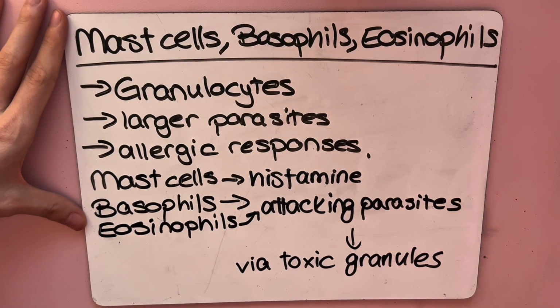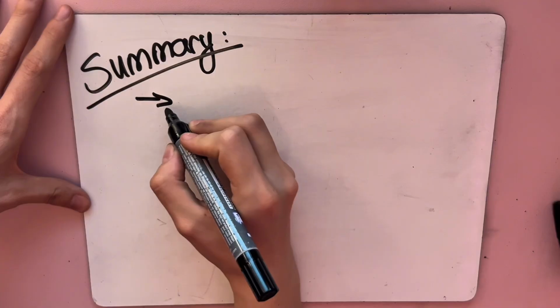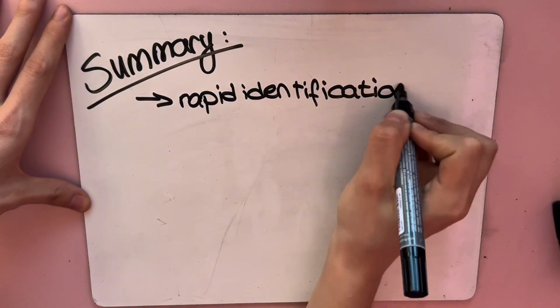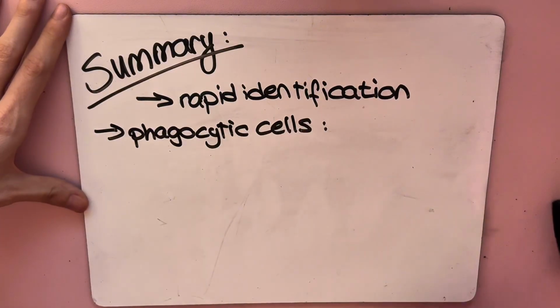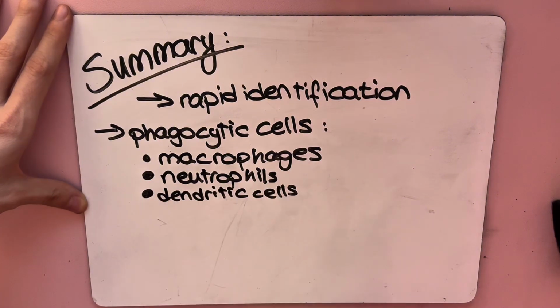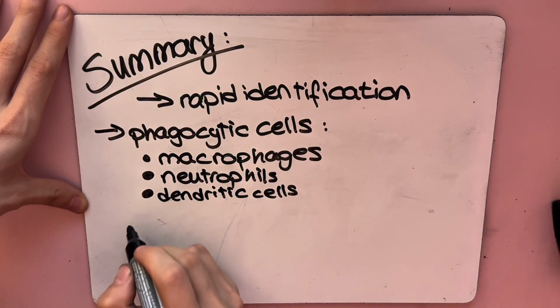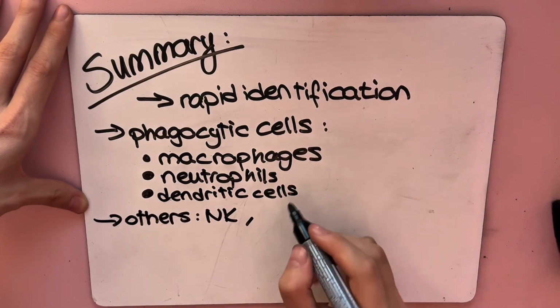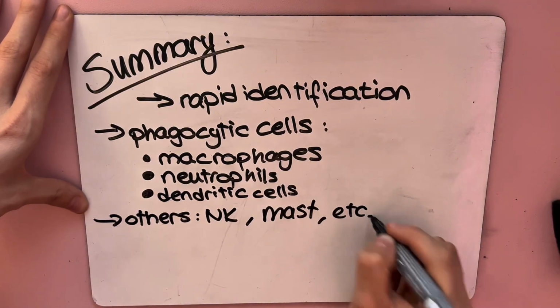They are less about ingesting pathogens and more about bombarding pathogens or signaling other responses. In summary of cells, rapid identification is key. Our phagocytic cells are macrophages, neutrophils, and dendritic cells. Then we have other cells, which are NK cells, mast cells, etc., like granulocytes.